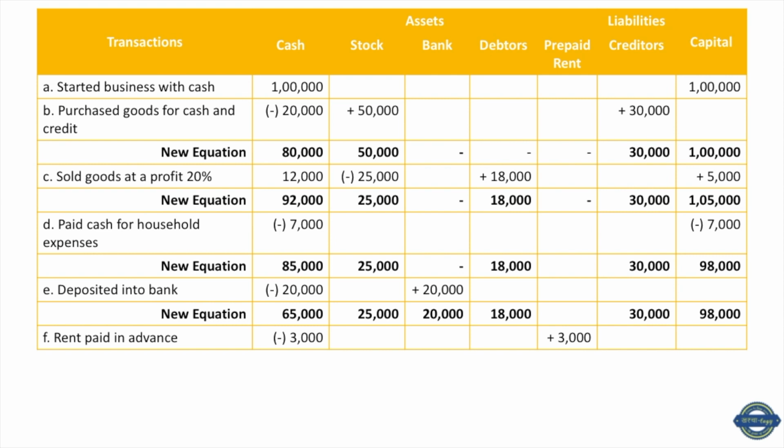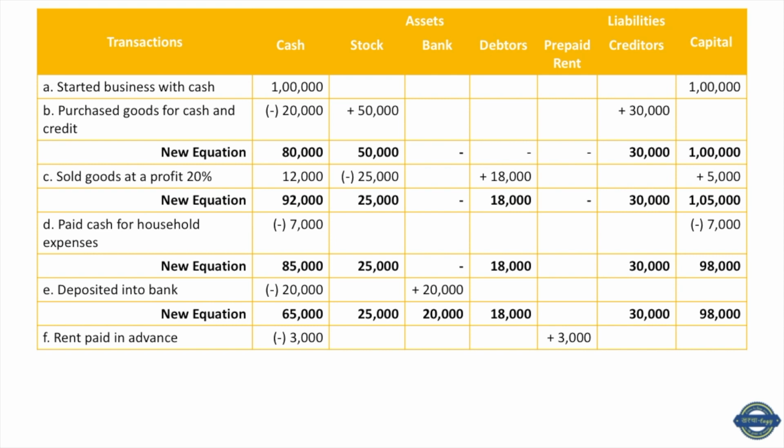Rent paid in advance. This means that expense has been paid for something that is not an expense of this accounting period. We have learned about this in the previous video, so we know how to treat this.